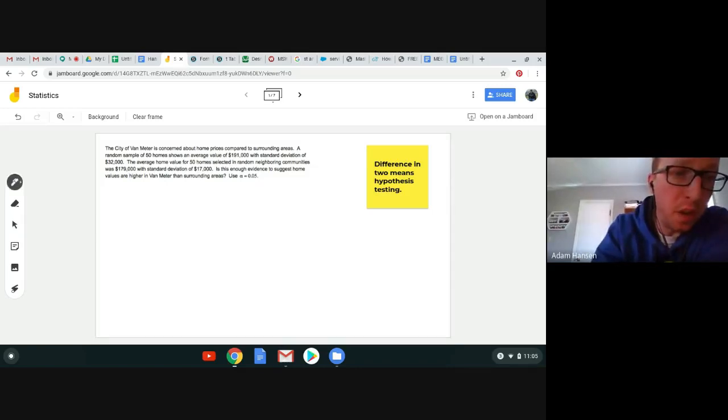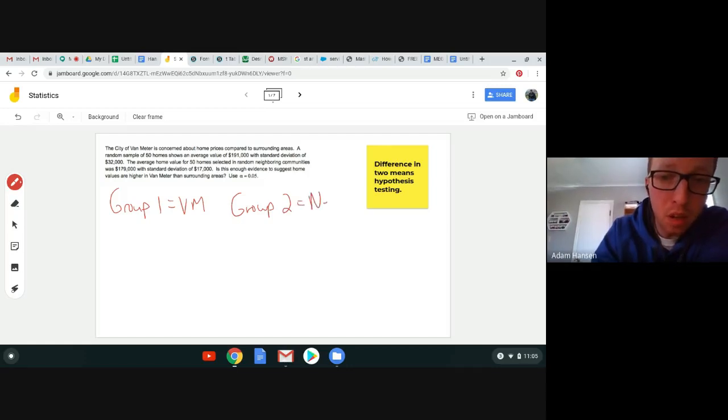So let's first define our two groups. I'm going to call group 1 Van Meter, and group 2 the neighboring communities.